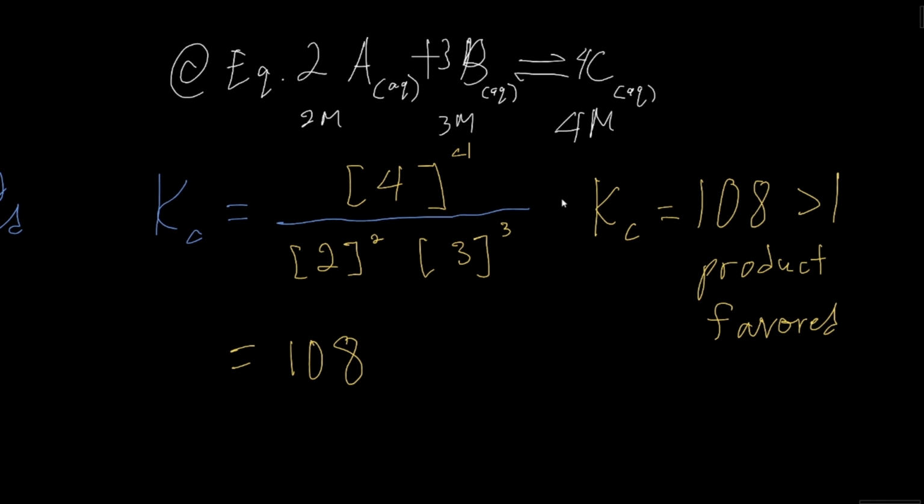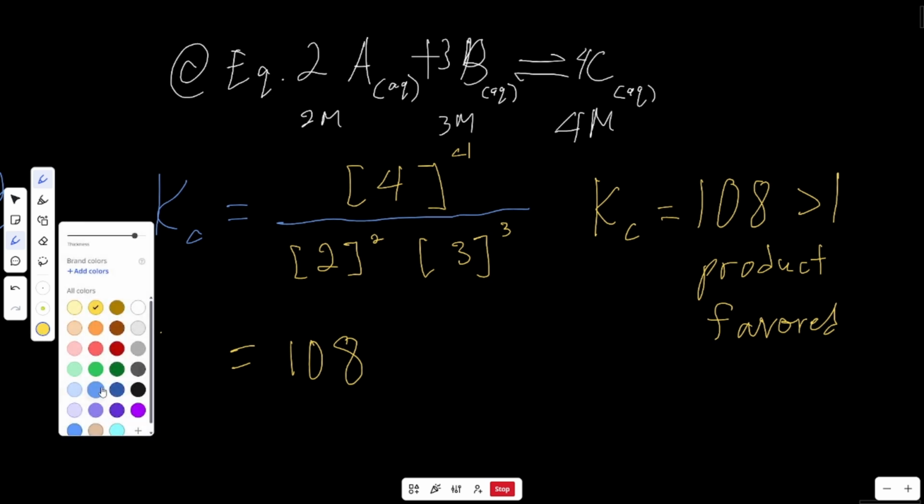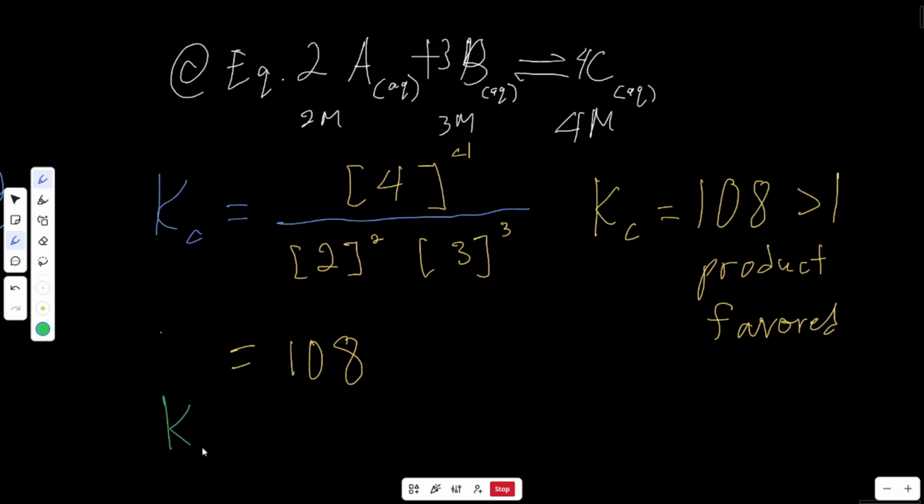Well, that's a gross oversimplification, but you get what I mean. It's the ratio of the product to the reactant. Now, how about Kp? Is Kp applicable in this situation? Do we have any gaseous elements or compounds? We don't. Therefore, Kp is N/A.